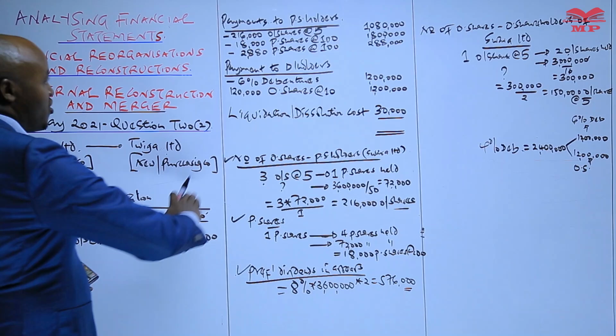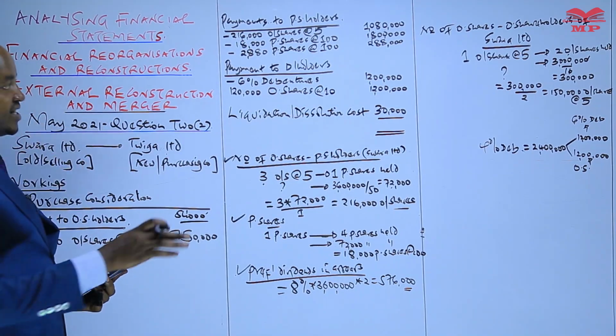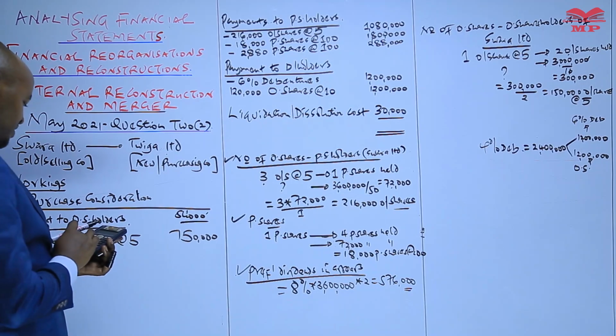Having that, we can now compute the purchase consideration by adding all these forms of payment to the shareholders and the other financiers, which include the debenture holders.